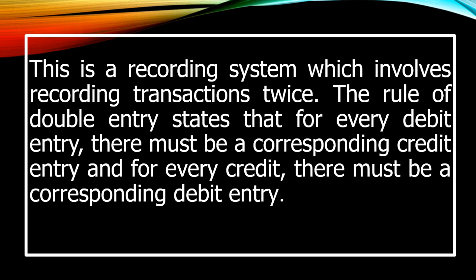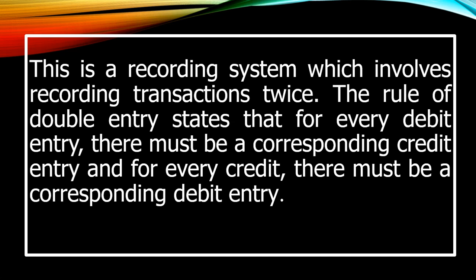So the losing side is credited depending on the account, and the gaining side is debited. So we are going to look at the structure of the account that is either debited or credited depending on the transaction, but also depending on the type of the account.